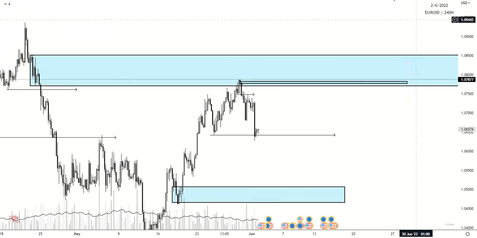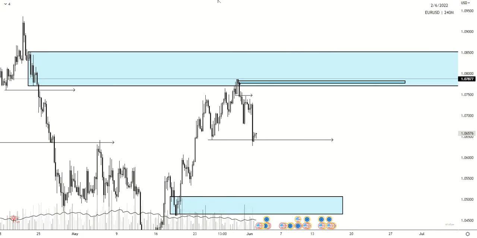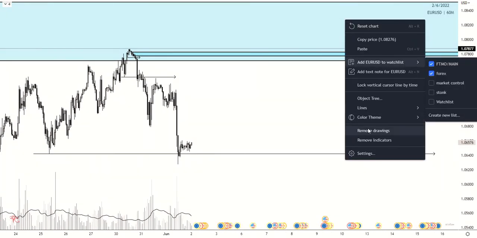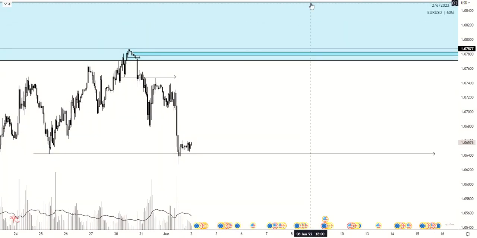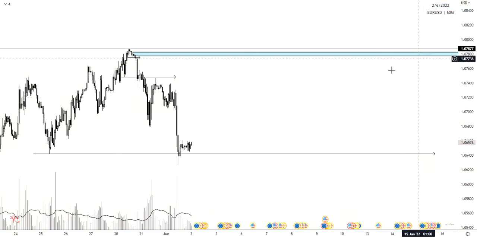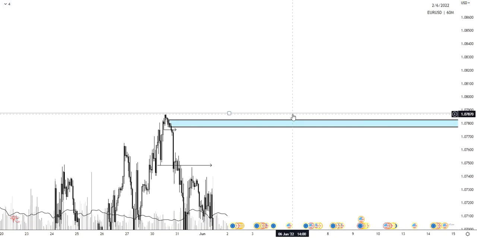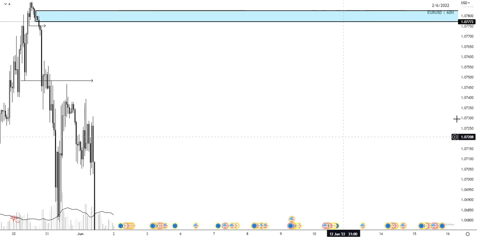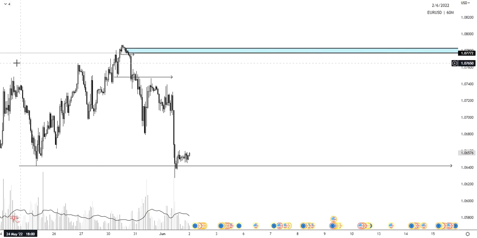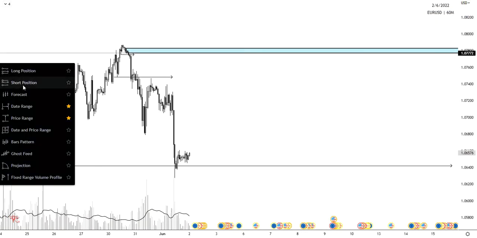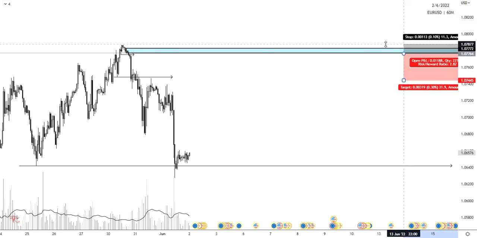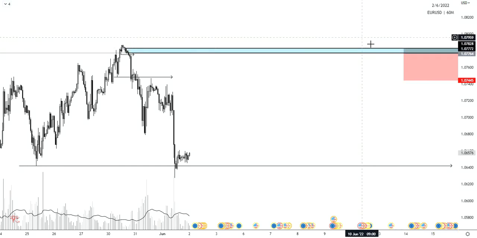So we identified our candle on the 4-hour to the 1-hour, that zone that we had. Now if I get rid of this to show that a little more clear, as well as the entries, I'm looking at an idea like this right now.